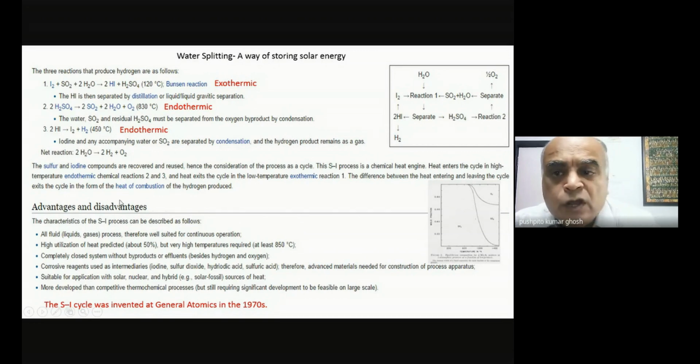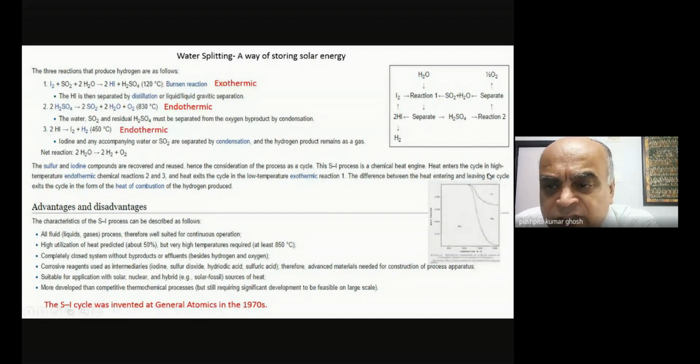So let us see what it says. The sulfur and iodine compounds are recovered and reused, hence the consideration of the process as a cycle, and that is why it is called the SI cycle, sulfur iodine cycle. This SI process is a chemical heat engine.